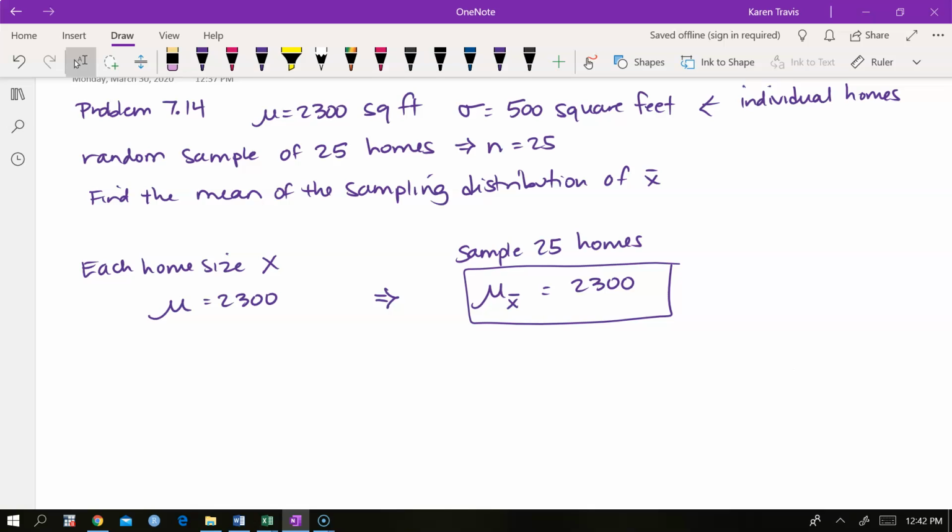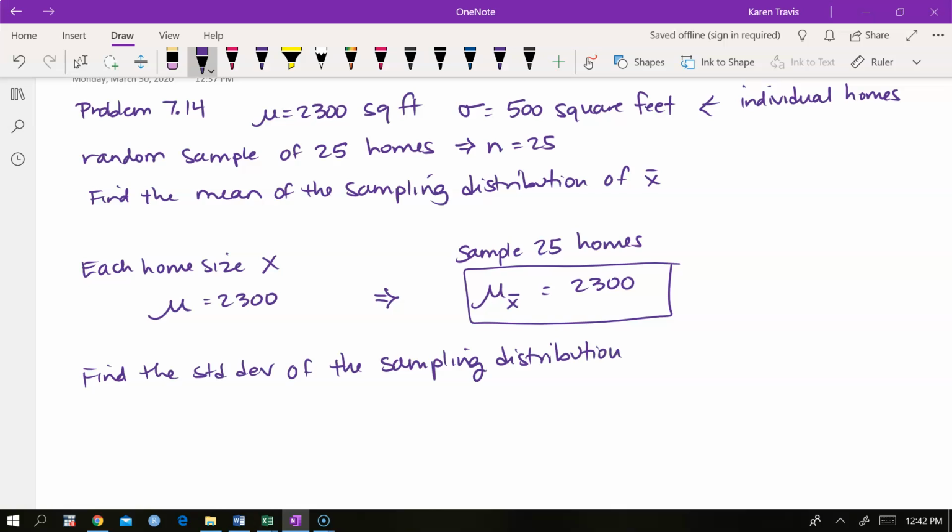But then the next part says find the standard deviation of the sampling distribution of X bar. And this depends on if our sample is big enough as compared to the population.